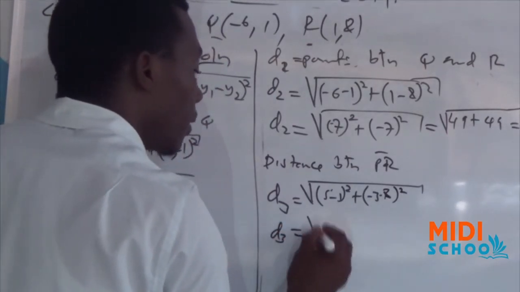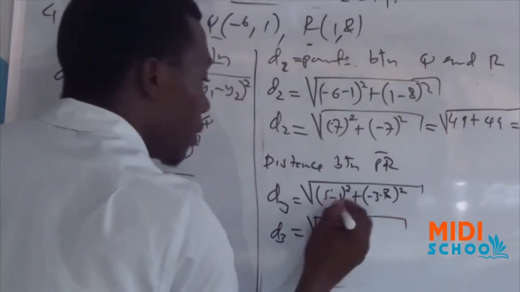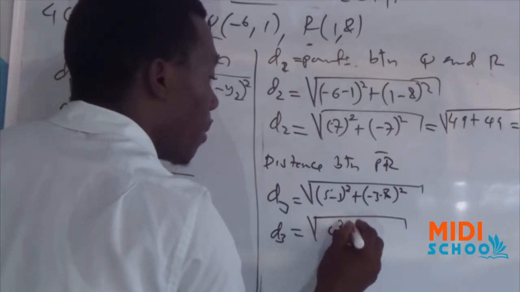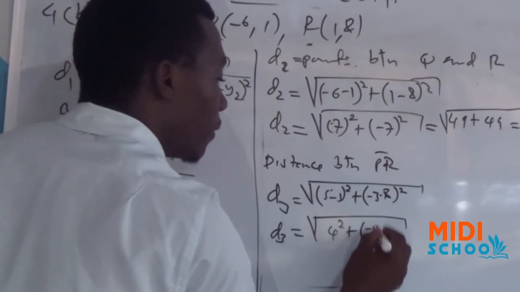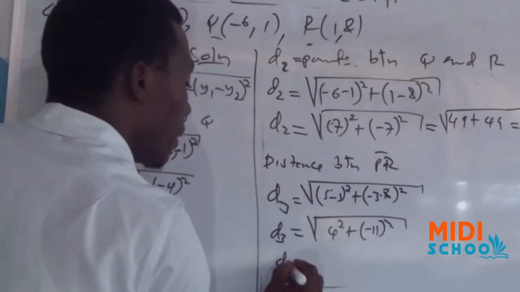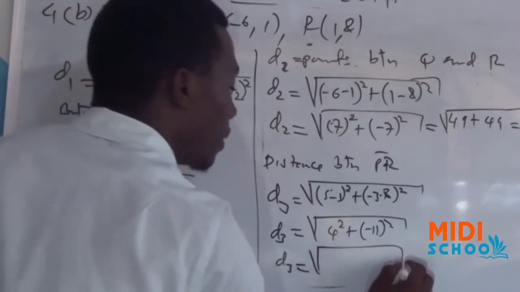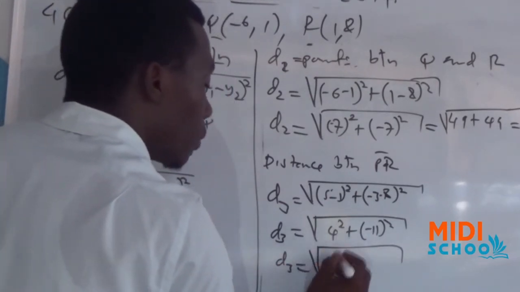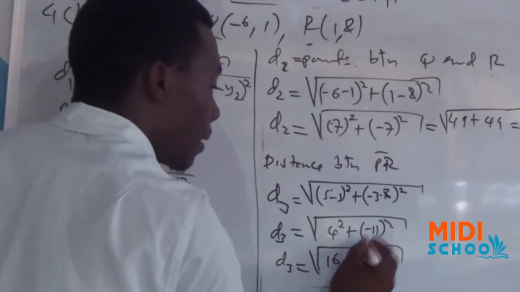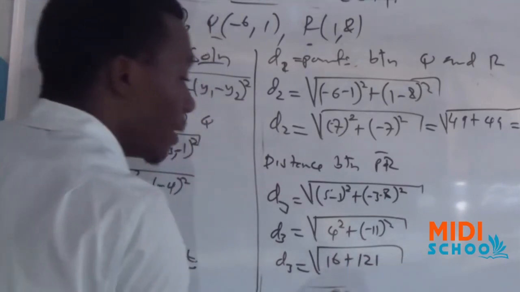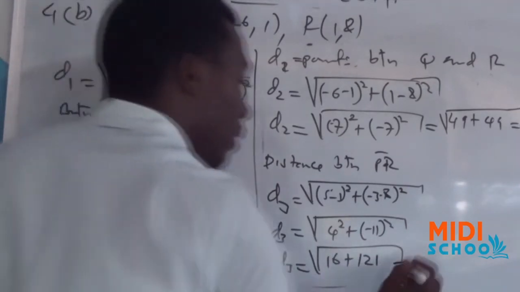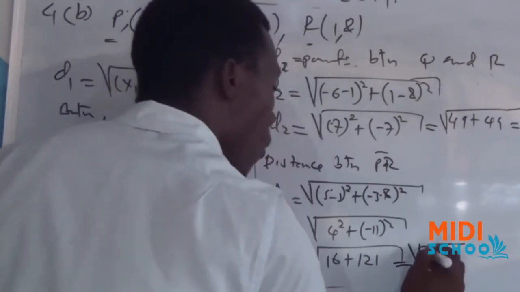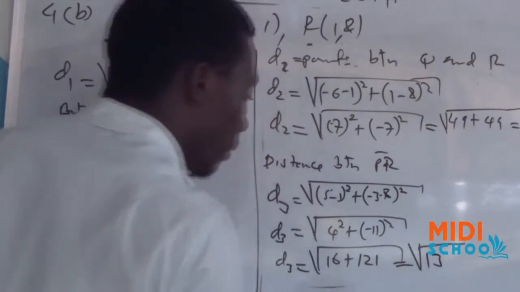D3 is equal to 4 squared plus -11 squared. So D3 is equal to the square root of 16 plus 121, which is the same as writing the square root of 137.